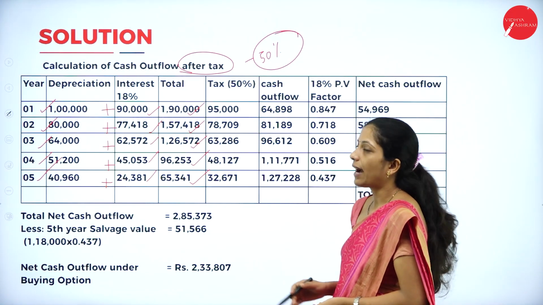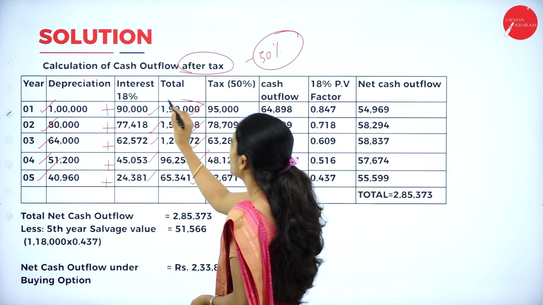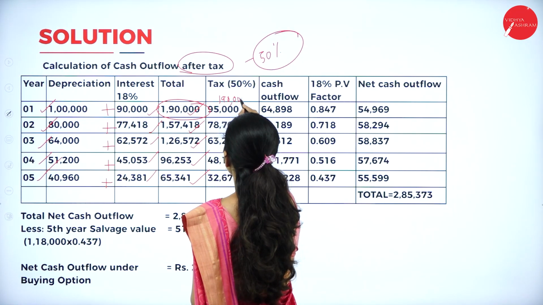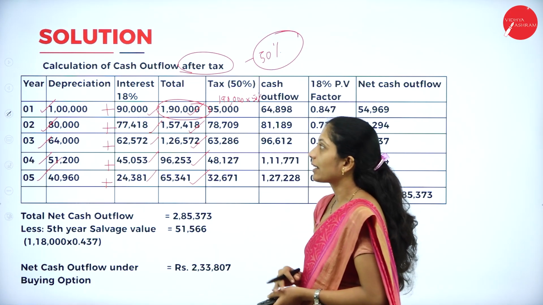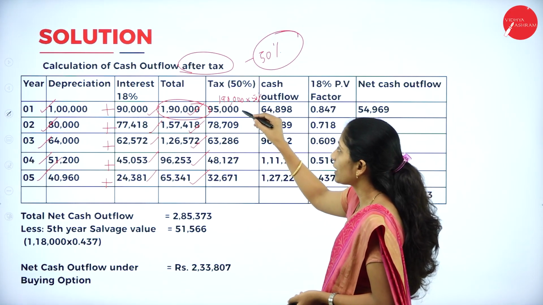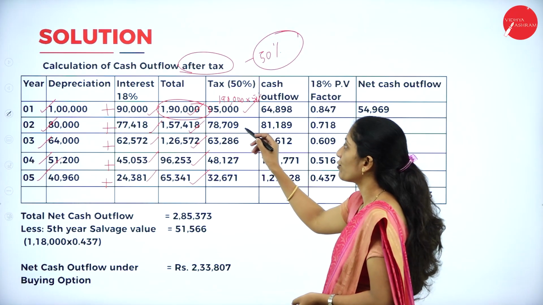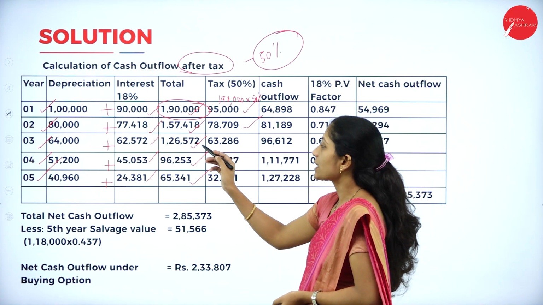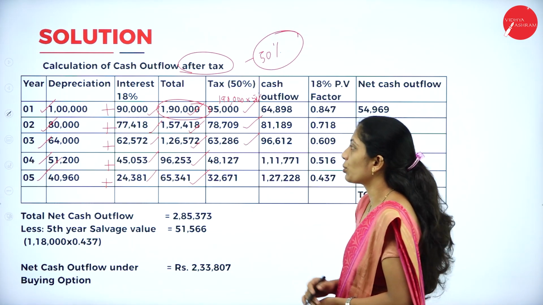Next, we have to calculate the tax at 50%. On the total, 1,90,000 into 50%, we'll get 95,000. In the same way, 1,57,418 into 50% will get 78,709, and 1,26,572 into 50% will get 63,286.